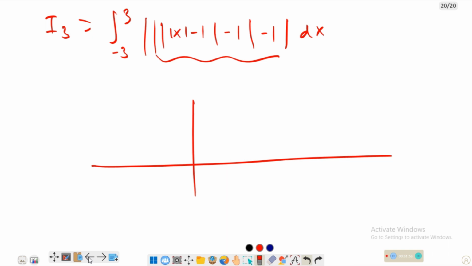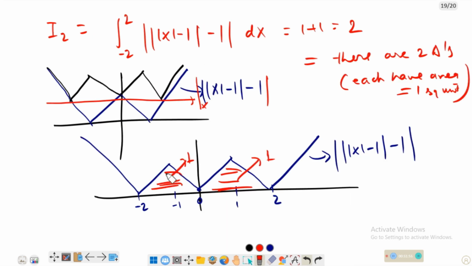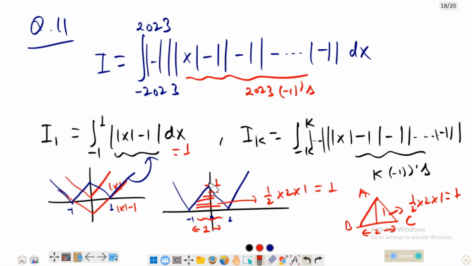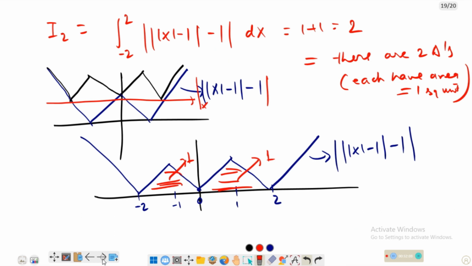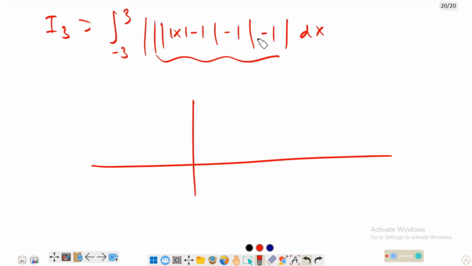Here there is a pattern. If there are two triangles, then they are symmetric. If there is one triangle, it is on the y-axis. So there are 3 minus ones.